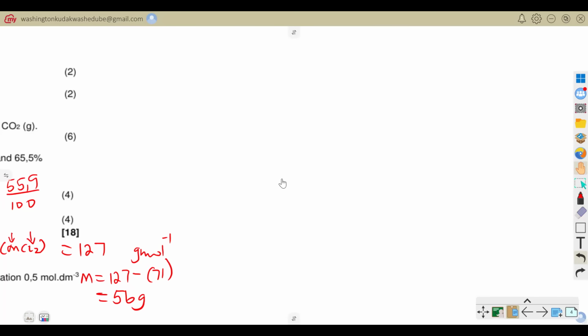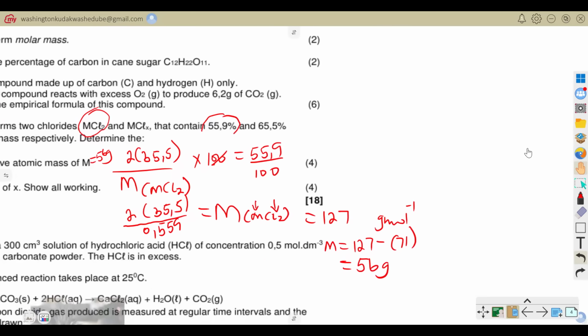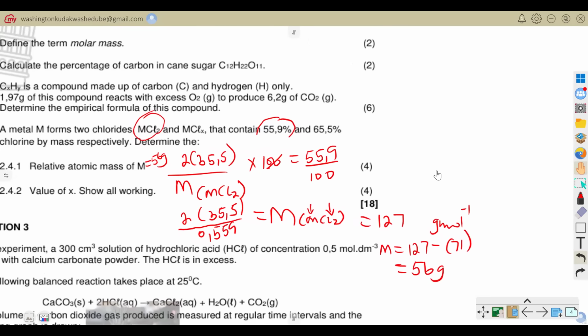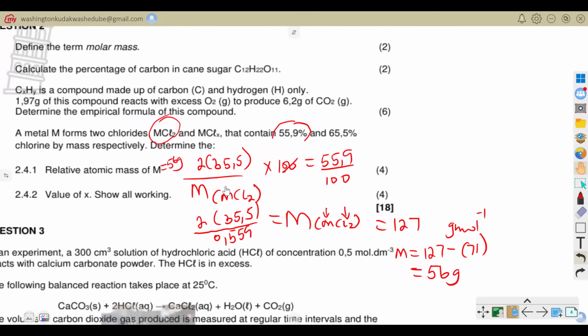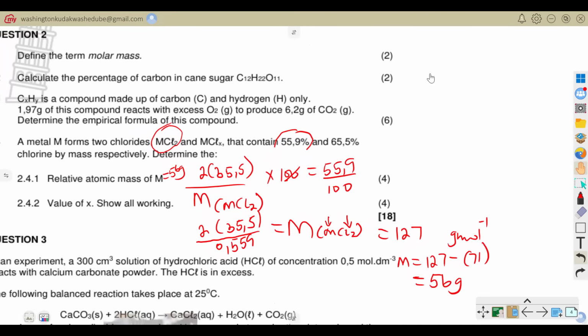Now I just want to show you the part of the question. So we are doing 2.42. Now you would see that for 2.42, they want the value of x.